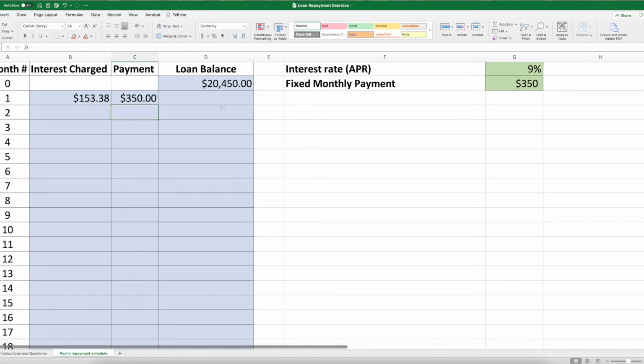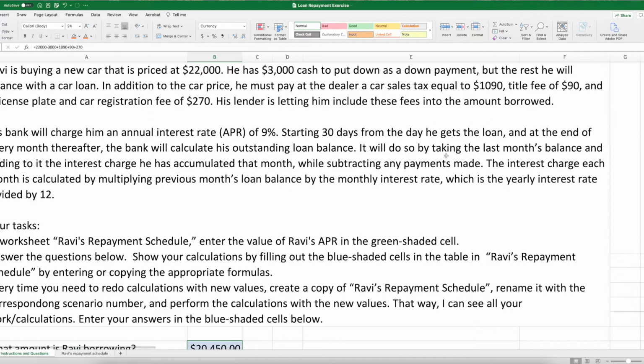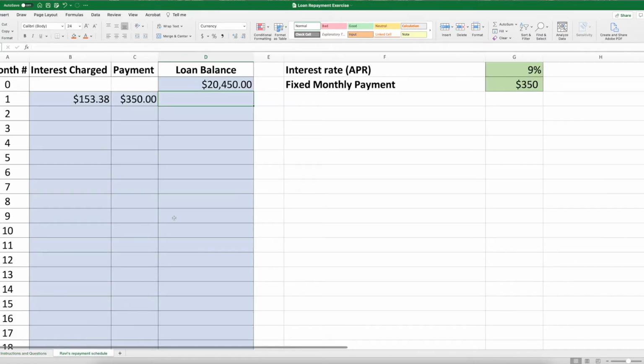Okay, now what is going to be my loan balance at the end of the first month? Well, the instructions say that you calculate the loan balance by taking the previous month's loan balance and adding to it the interest charge accumulated that month, that is in the first month, the current month, while subtracting any payments made. Okay, so let's enter that as a formula.